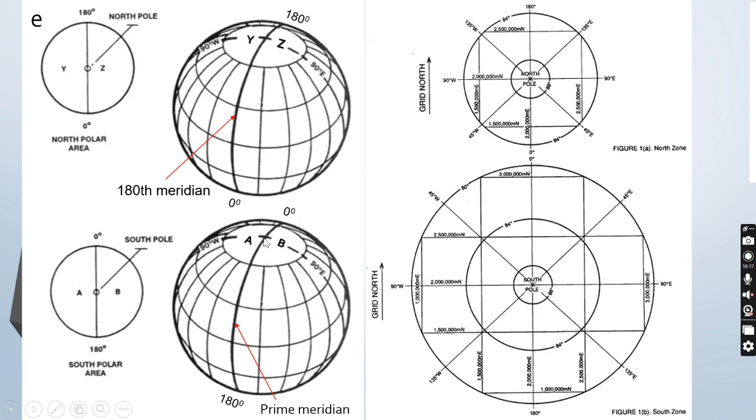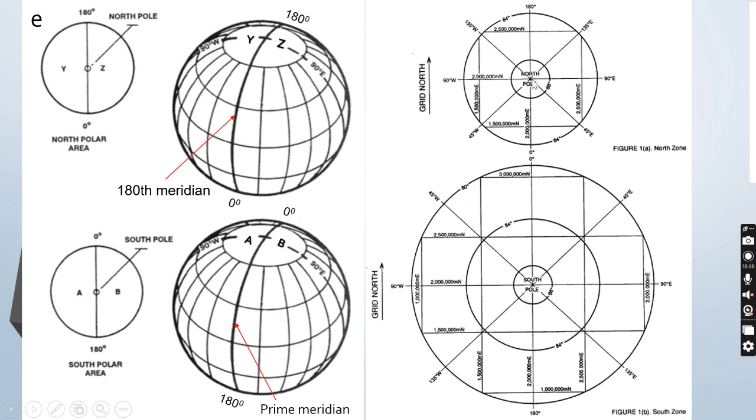Then along this prime meridian also, the left side will become A, the right side will become B, and the left side means west, this is east.